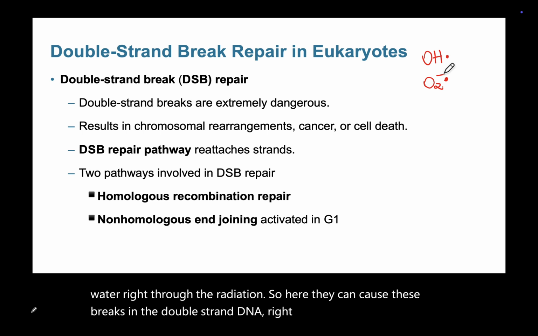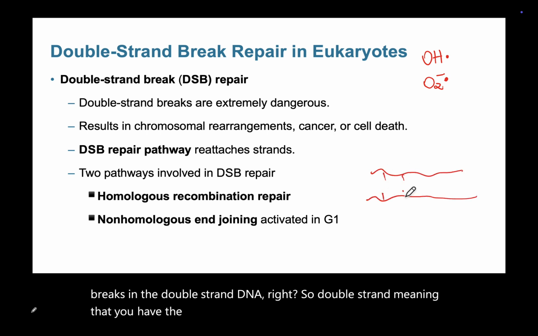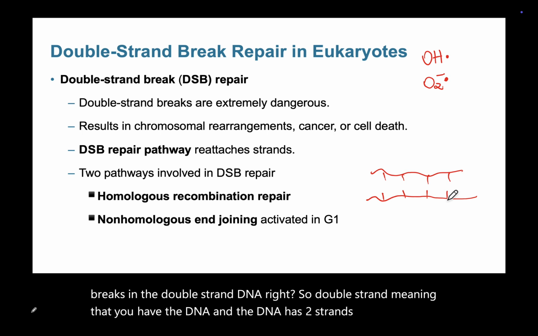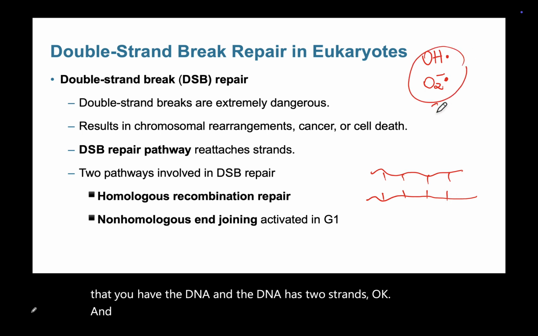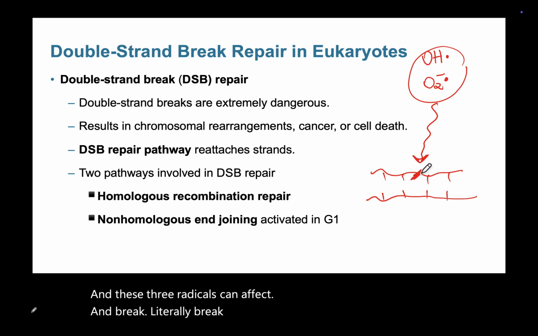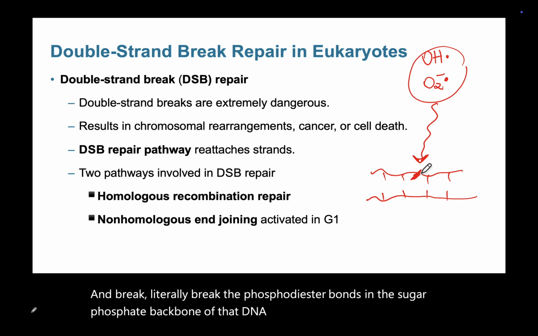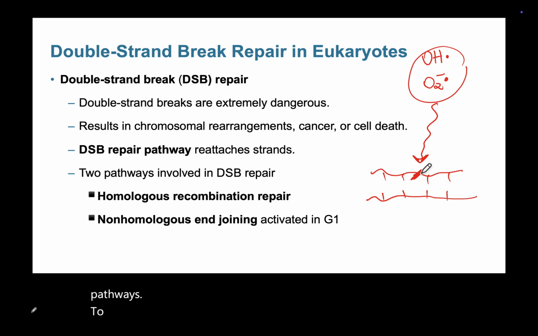So double-strand meaning that you have the DNA, and the DNA has two strands, okay? And these free radicals can affect and break, literally break, the phosphodiester bonds in the sugar phosphate backbone of that DNA, okay? We have two systems, two pathways to fix this type of mutation.